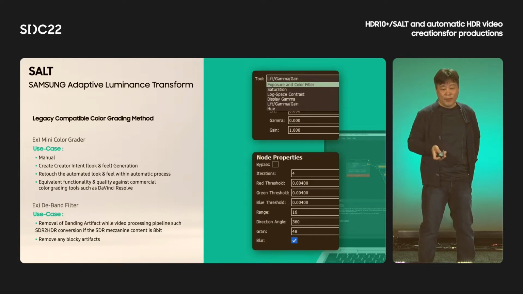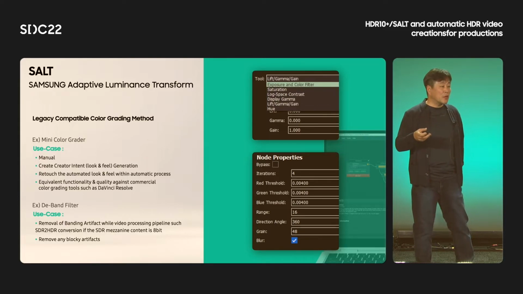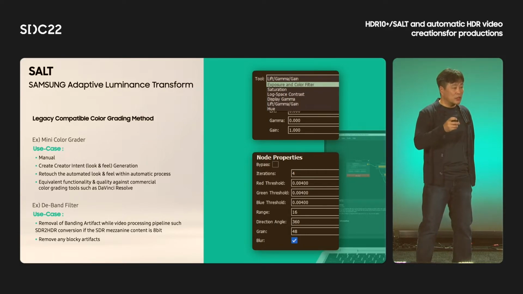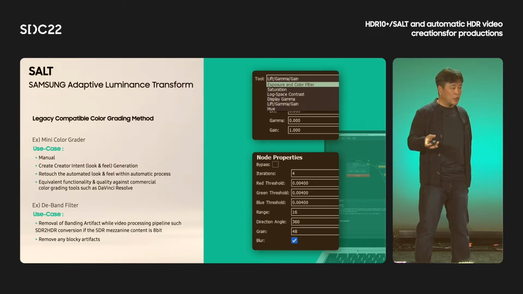It also needs traditional color grading. Even though we don't provide very professional, varied controls for color grading, at least it provides the minimum set of color grading. So we call that a mini color grader.